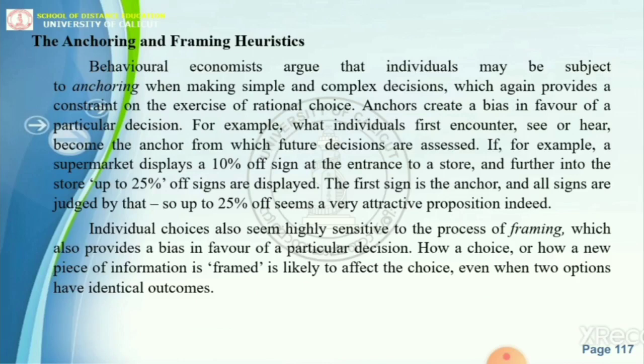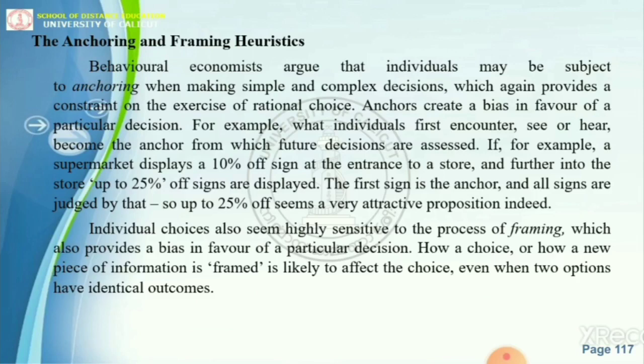The anchoring and framing heuristics. Behavioral economists argued that individuals may be subject to anchoring when making simple and complex decisions, which again provides a constraint on the exercise of rational choice. Anchors create a bias in favor of particular decisions, right?